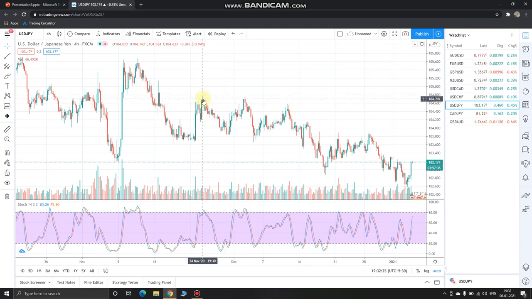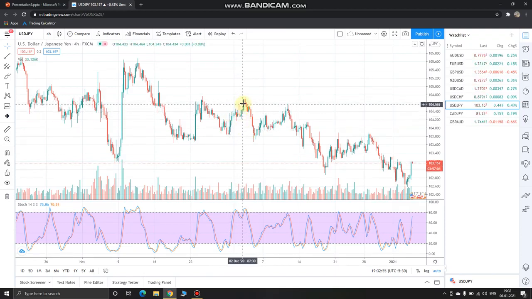So this is a kind of resistance for the market. Whenever stochastic gave us a signal that market is in overbought zone, we should wait, because we know very well that market will always try to go towards the resistance to break it. And that's what happened.